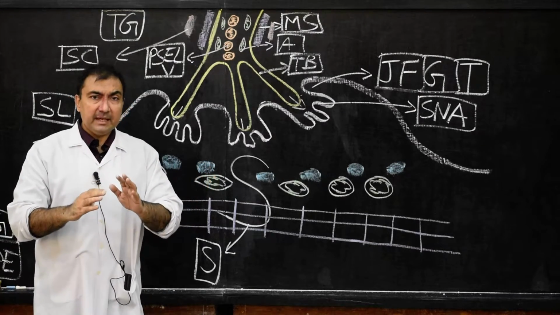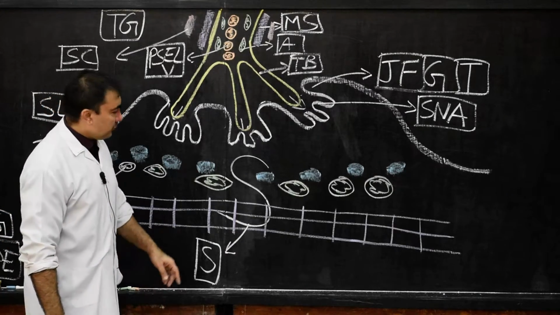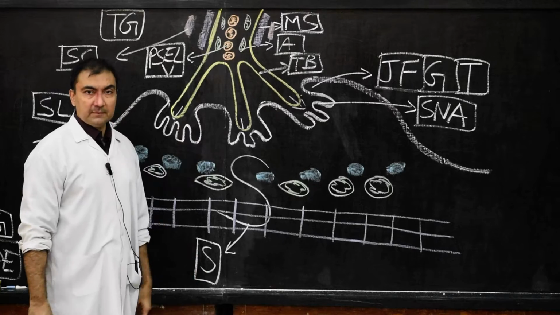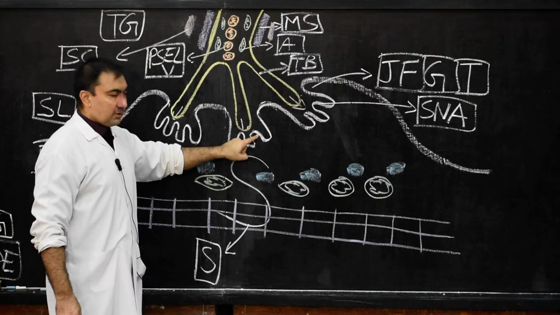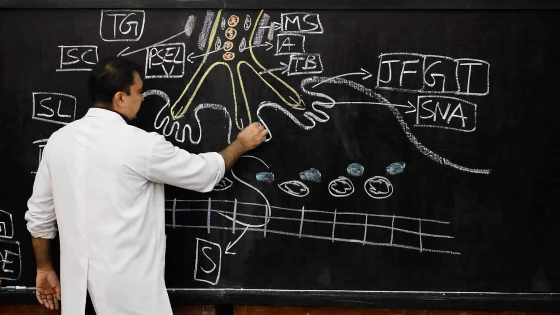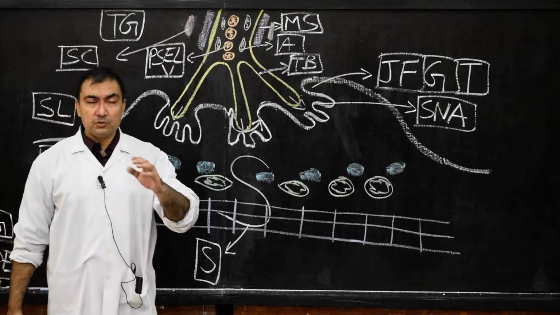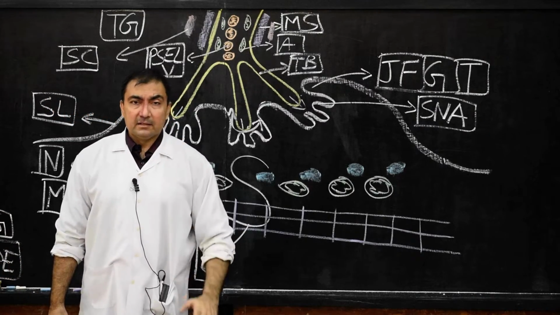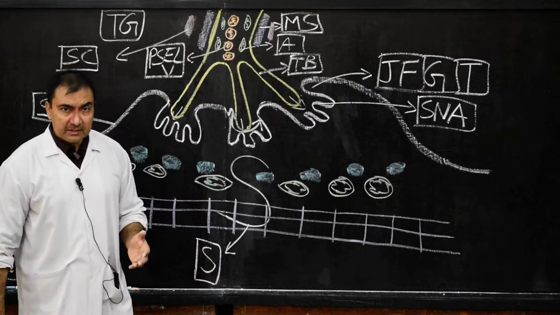Also, there will be a gap of around 200 to 300 angstrom units between axolemma and sarcolemma. This is the ending of the axolemma and this is the sarcolemma. So this gap present between axolemma and sarcolemma will be around 200 to 300 angstrom units.